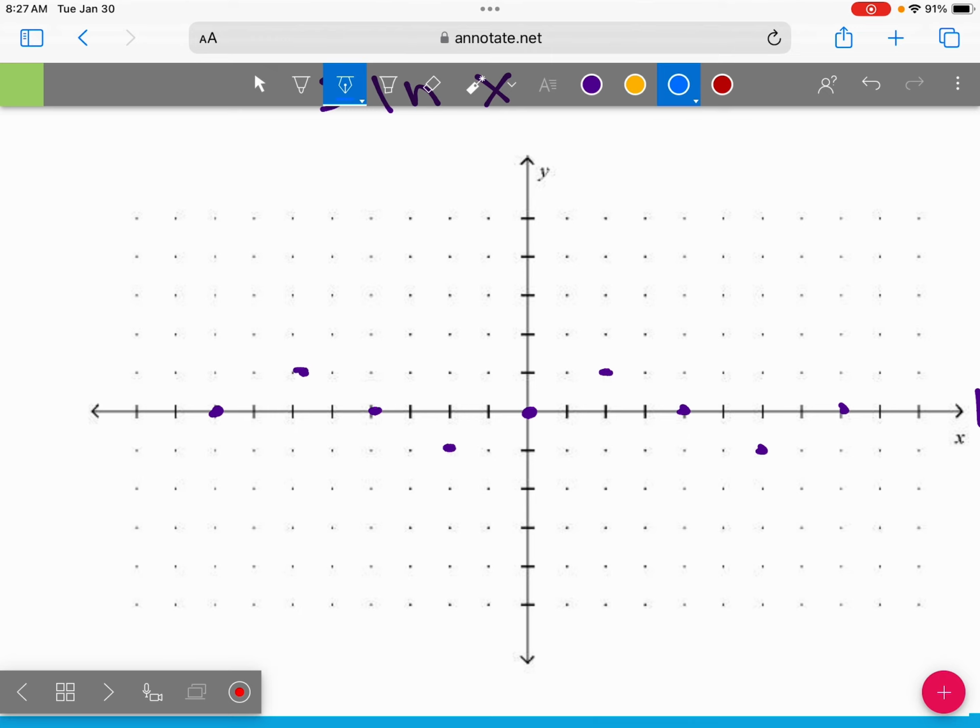Oh, you have it. So all we're doing is taking those same exact points and plotting them here. We're not going to connect them like we did for sine, but they're going to be super important in telling us what happens for cosecant. So just take a second to plot out those points.